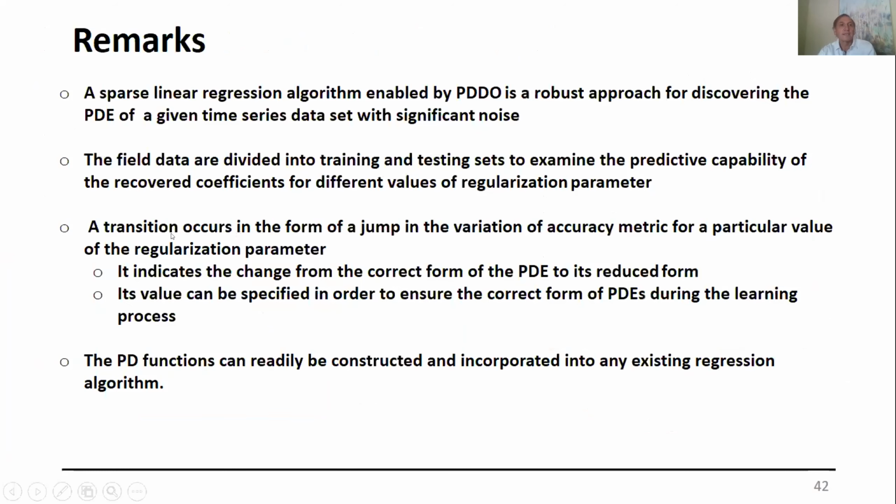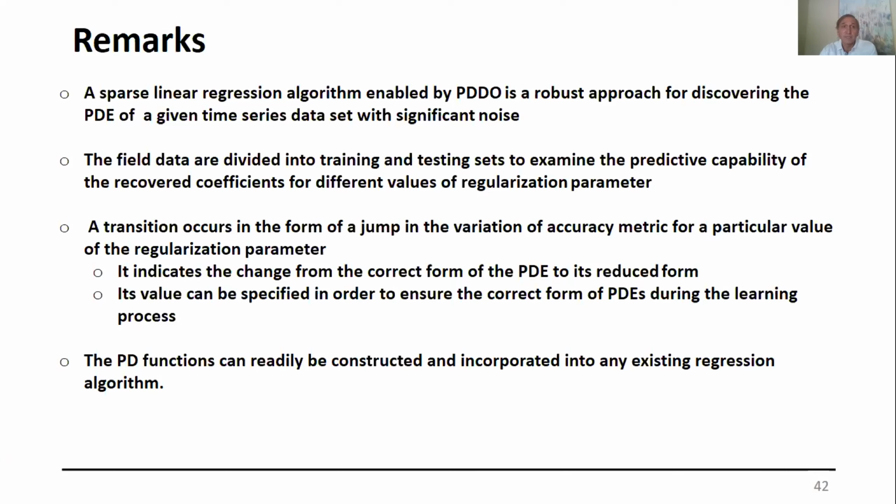Okay, so basically what I'm showing you here is that it is a pretty robust approach if you augment your sparse linear regression algorithm with the peridynamic differential operator. It's a very robust approach for discovering partial differential equations from a given time series, even with significant noise.